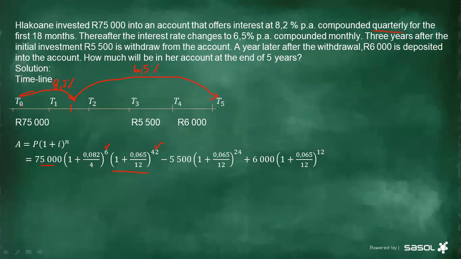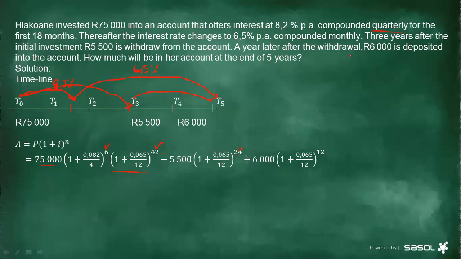From here up to this, the money was taken out of the account, which is 5,500, hence you see negative. 1 plus 0.065, because we can see this falls on the 6.5% interest rate, so we use 0.065 over 12. And from this to this one, it's 2 years, so it's 2 times 12, you get 24.